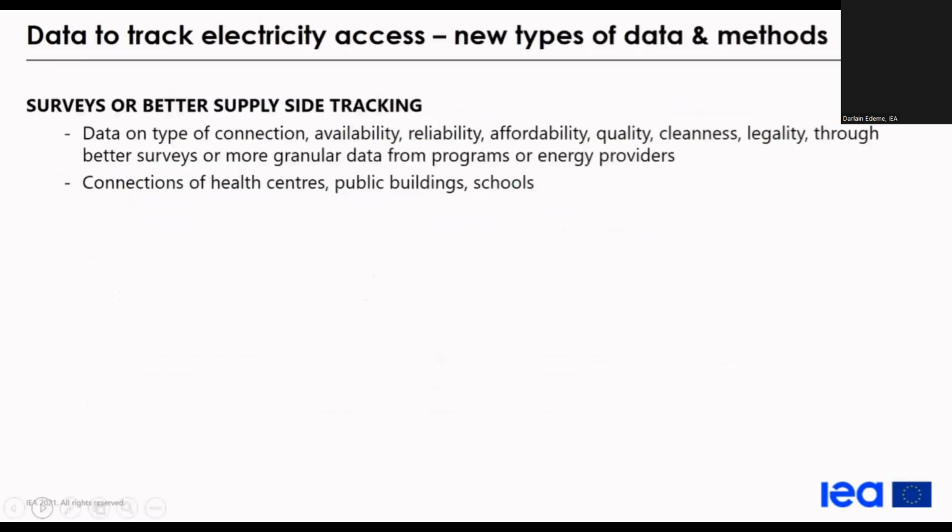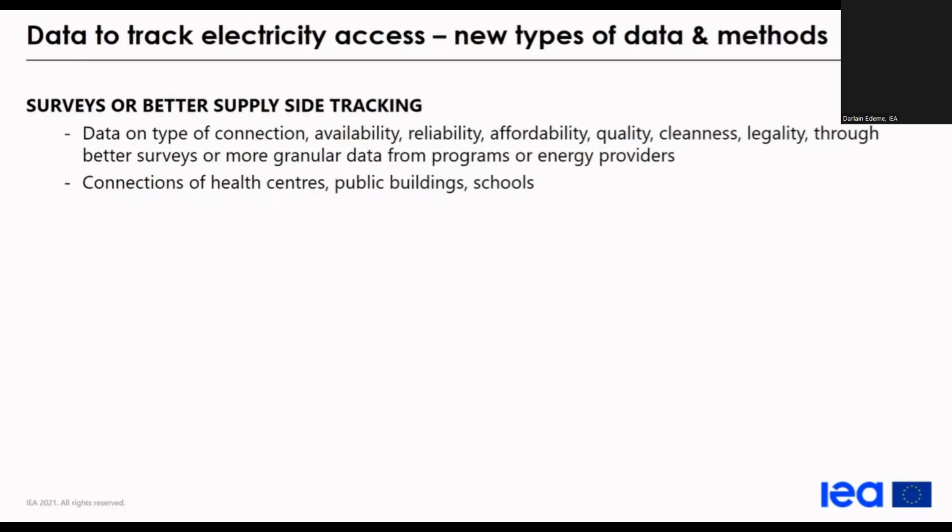Then there are new types of data, new methodologies which are currently being developed, and the IEA is also very much working on improving the understanding of electricity access. So we are looking for more data on the type of connection, the availability of electricity, reliability, also information related to finance and affordability from the household perspective, quality of the electricity, cleanness, or in other words, what is the source of power generation behind the technical option.